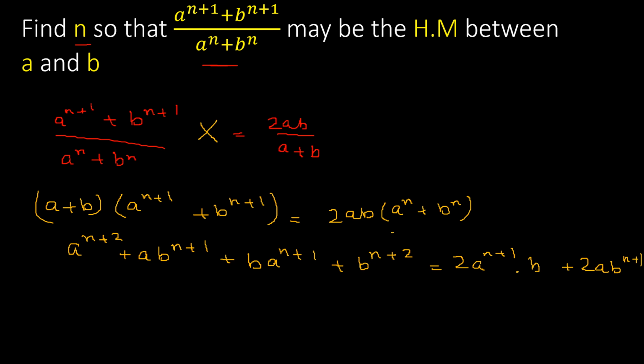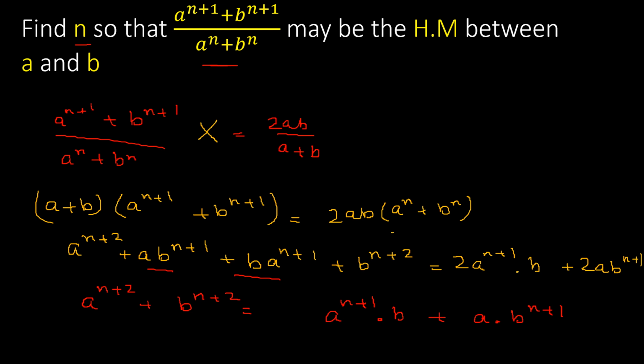So if we take this term and this term to the other side, we end up with a raised to power n plus 2 plus b raised to power n plus 2 equals a raised to power n plus 1 times b plus a times b raised to power n plus 1.